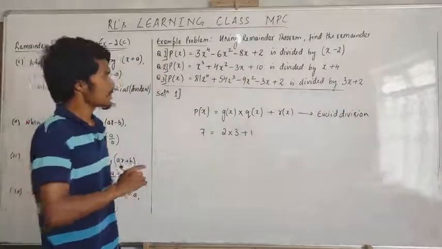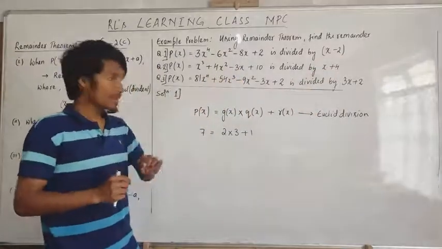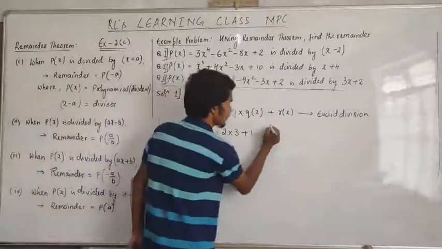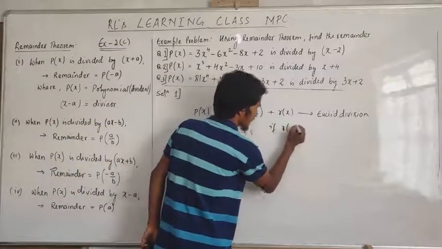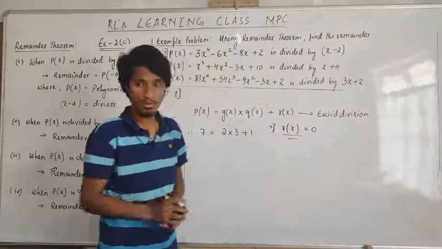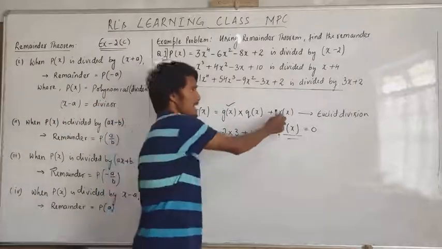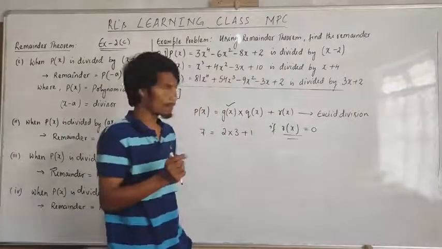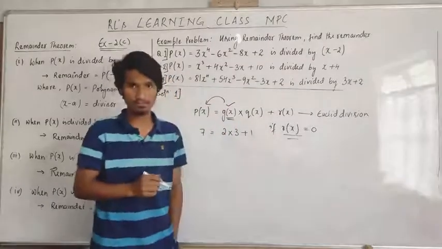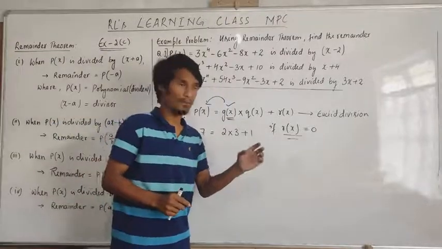And in this case, we divide by this x minus 2. Then to get the remainder, remember, if R of x is equal to 0, then this G of X will become a factor of P of X. There's one more theorem that we call the factor theorem.